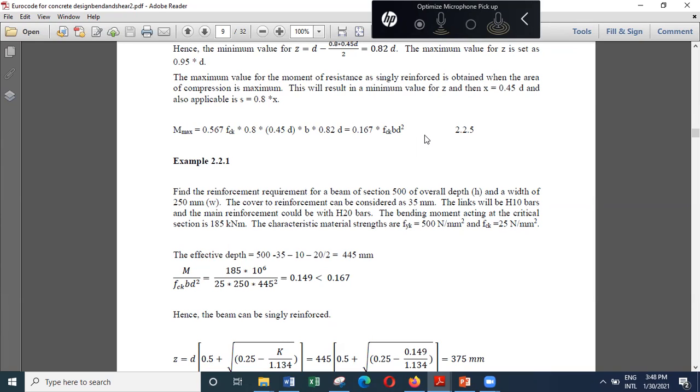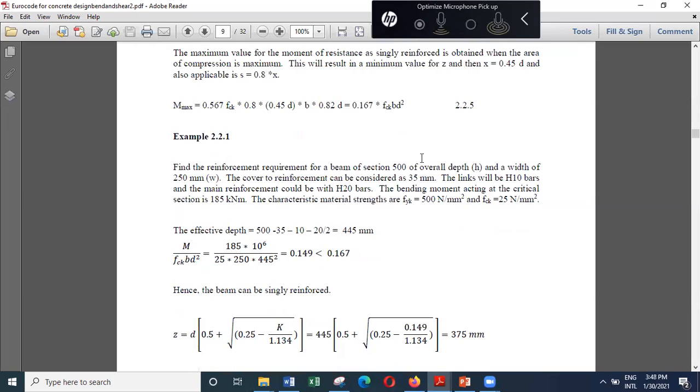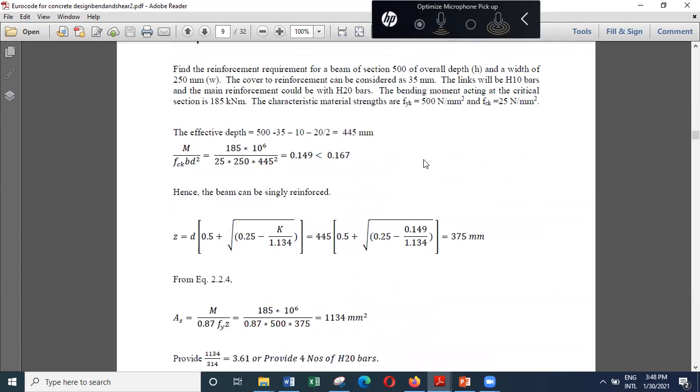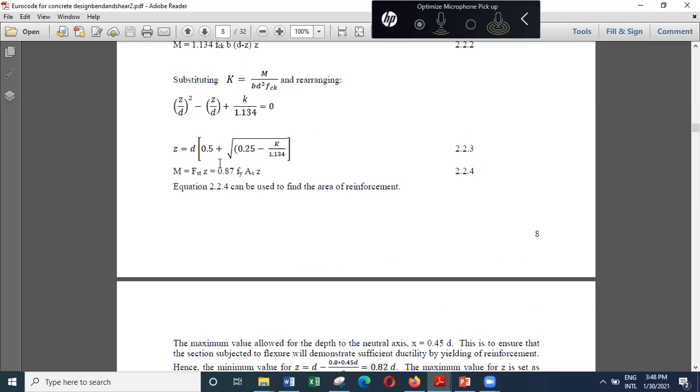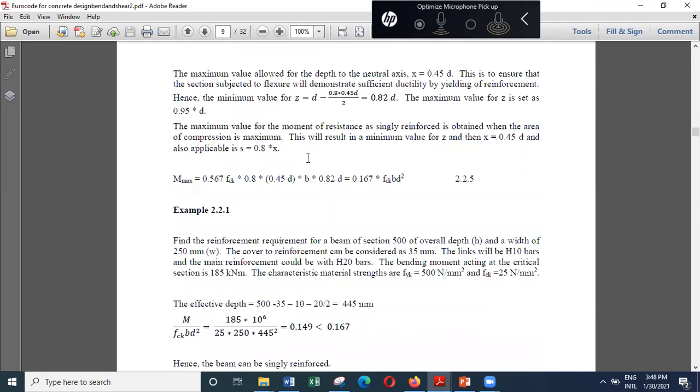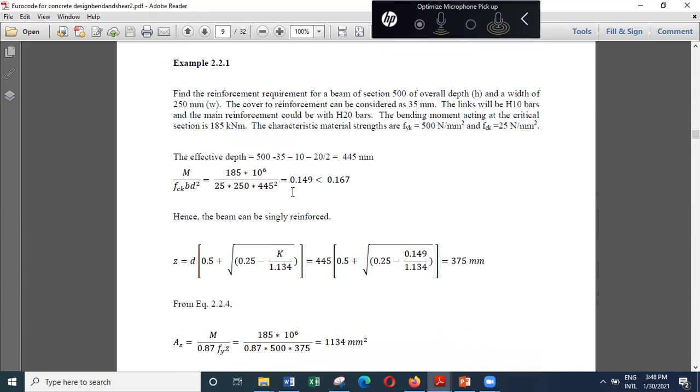So now we know we need only the tension reinforcement. So we can make use of this equation and find the value of Z, and that is this equation. Z is equal to this. The value of K is 0.149, and all the other parameters are known.